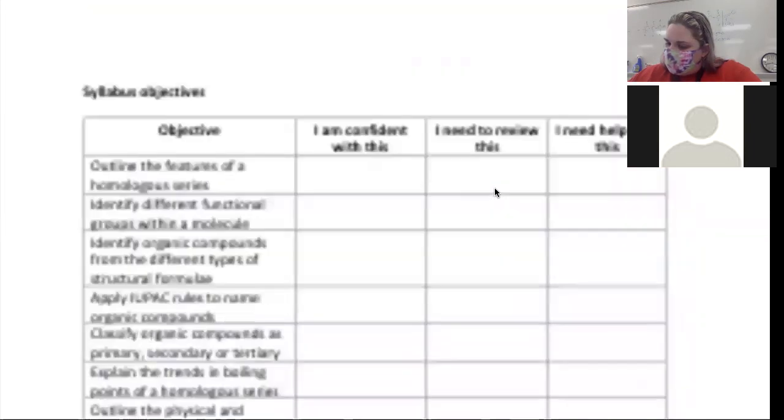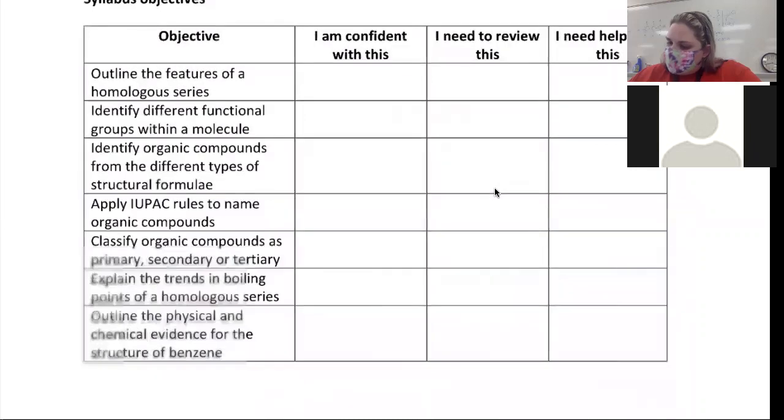So going down here on the little statements, we're going to look at this first one and the second one, and we'll start doing the third one because we're going to look at the different formulas. You're not really going to totally be able to identify them yet, though, because we're not going to get into the naming rules until next week. So we should maybe be able to identify a functional group from looking at the structural formula of a molecule, but we're not going to be able to fully know the name and all the information.